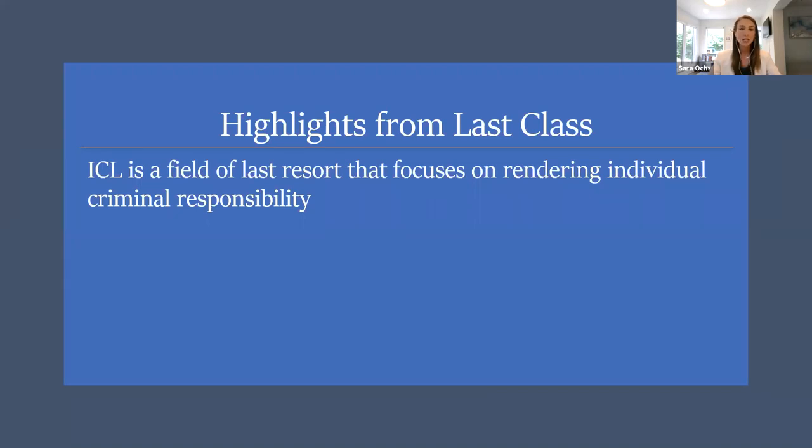I got a question a little bit ago, and I think I might have seen this floating around the chat as I was answering questions last time. The ICJ, the International Court of Justice, the court that's based in The Hague, is not an international criminal court. That is not a part of international criminal law, not one of the entities that enforces or creates international criminal law.